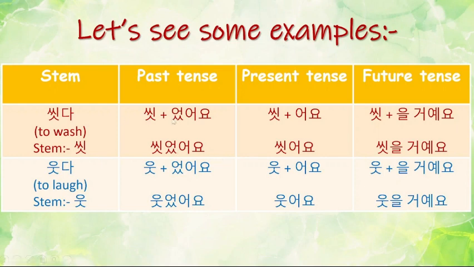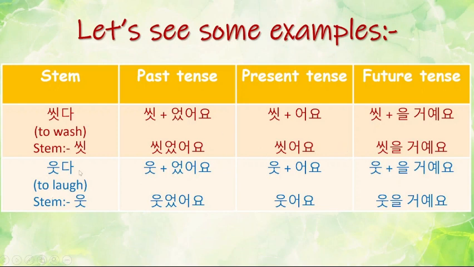Okay, भले ही एक vowel आके attach हो रहा है इससे. Okay, in the present tense it will be shisoyo, right? And in the future tense it will be shisul koeyo, right? sheer remove नहीं हो रहा है, regular conjugation rule ही follow हो रहा है.